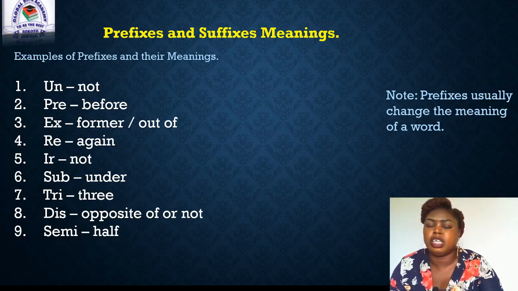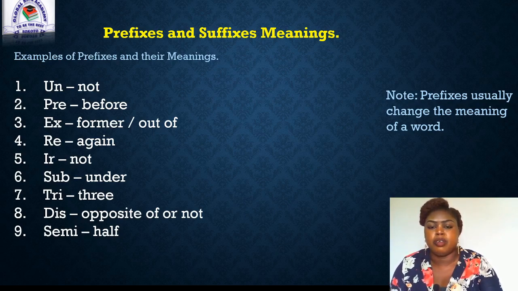Now we have number six as sub, which means under. We have words like submerge. Submarines are always under the water. Then number seven, we have tri. Tri means what? Three. We have words like tricycle, like your keke napep having just three tires.